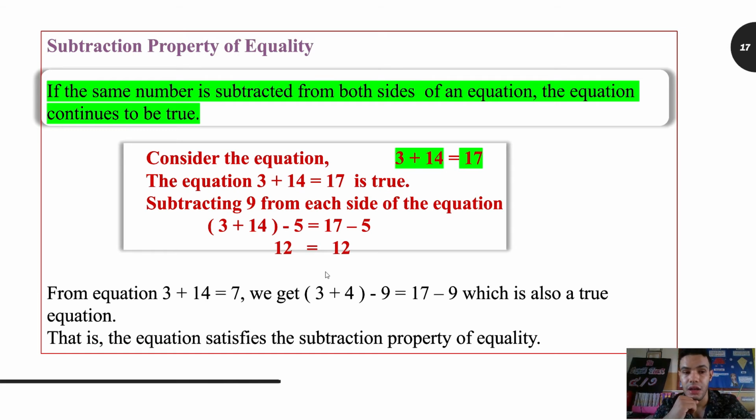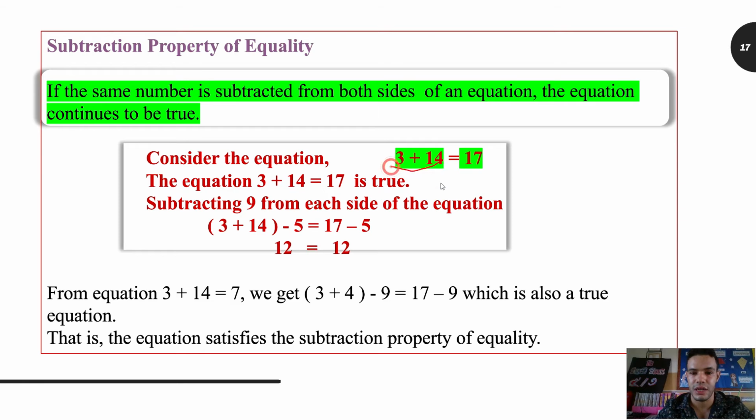Okay, here is the same condition as the addition property of equality. There is only one condition. Also for multiplication and division, you remember you just have to add or subtract the same number from both sides of an equation. Right here we've got 3 plus 14 equals 17.